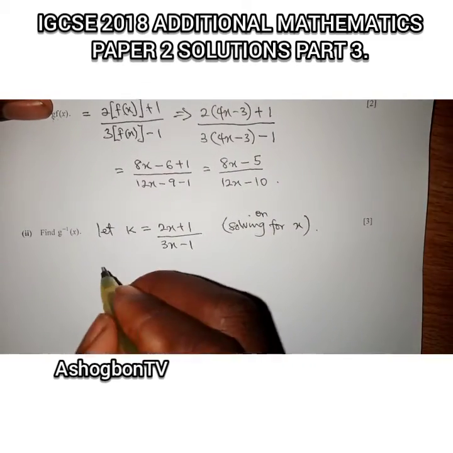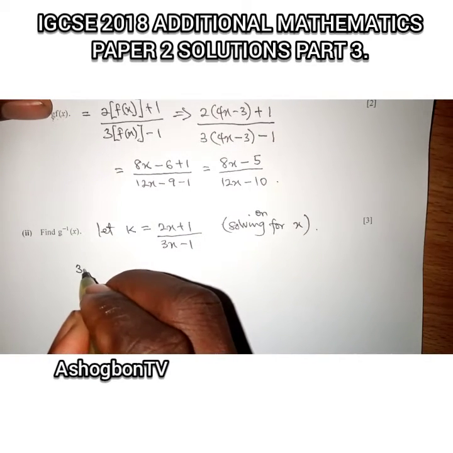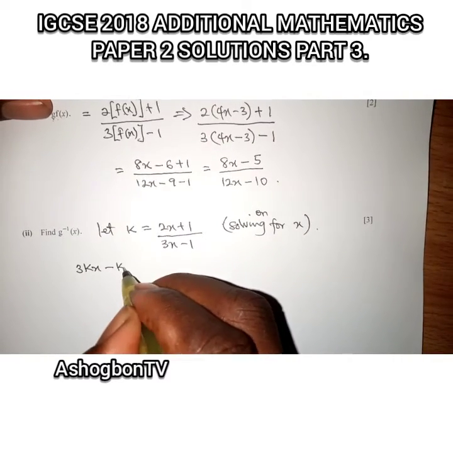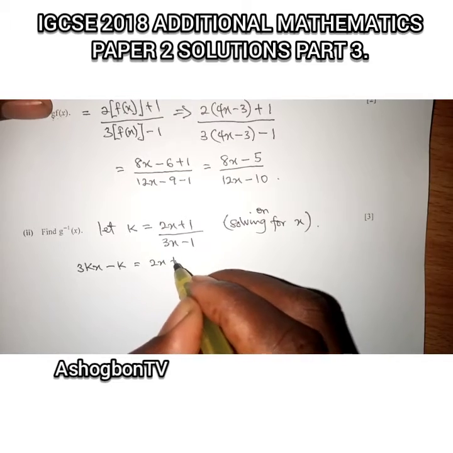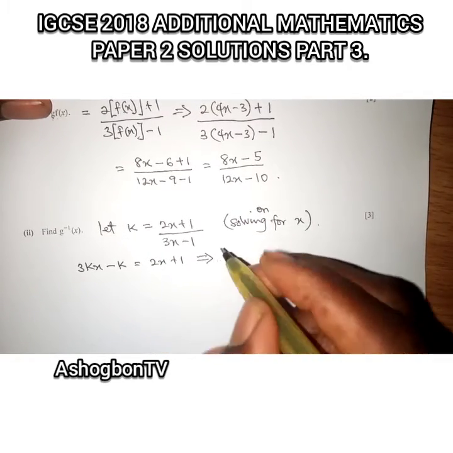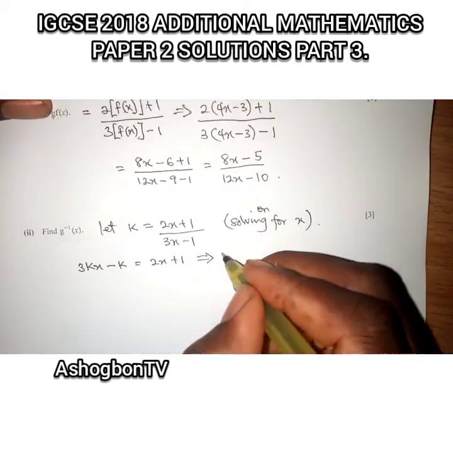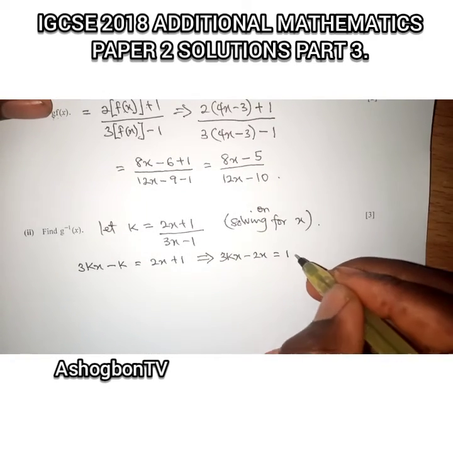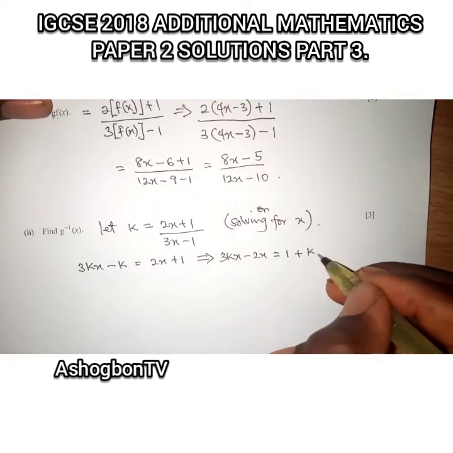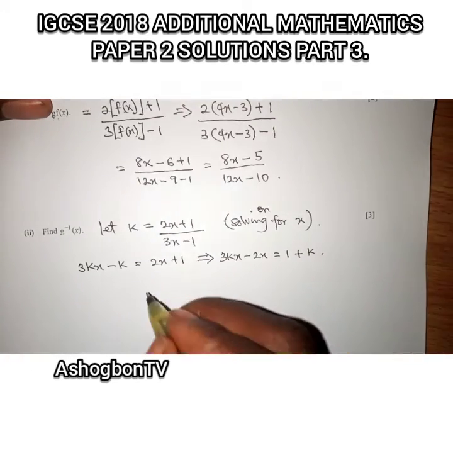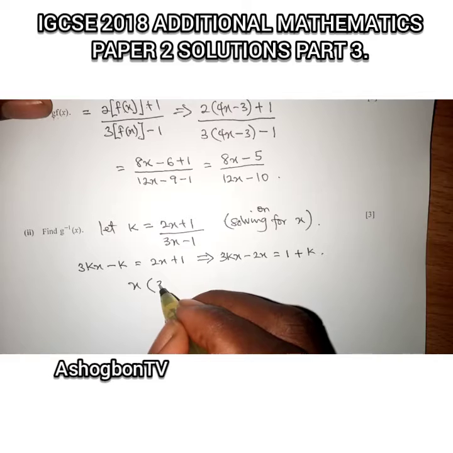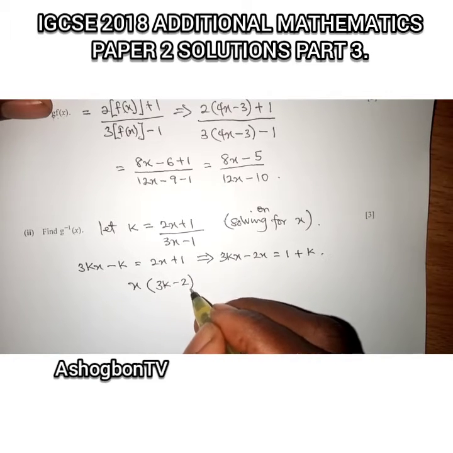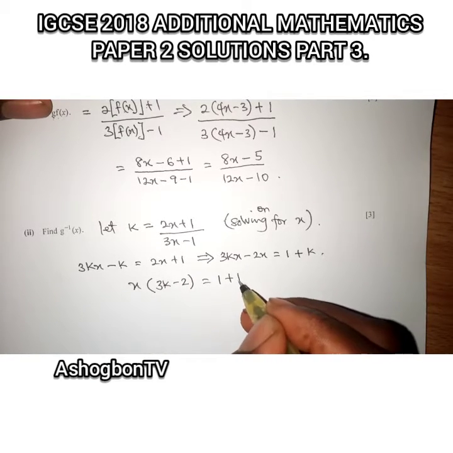First thing, cross multiply. If you cross multiply, you are going to have 3kx minus k equal to 2x plus 1, which implies that, collecting like terms, 3kx minus 2x equals 1 plus k. And let's factorize x out. If you do that, you're going to have x times (3k minus 2) equal to 1 plus k.